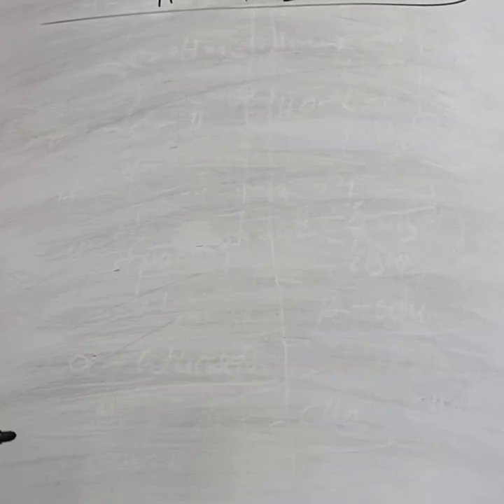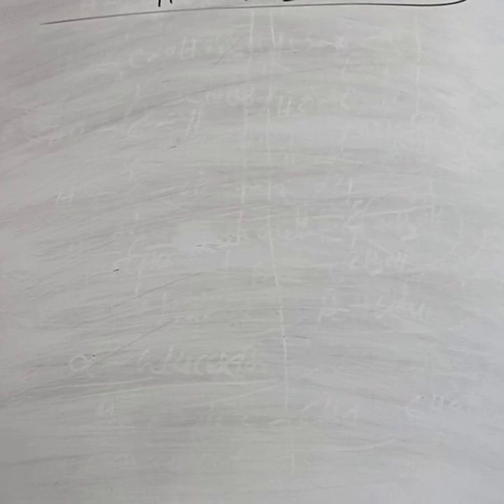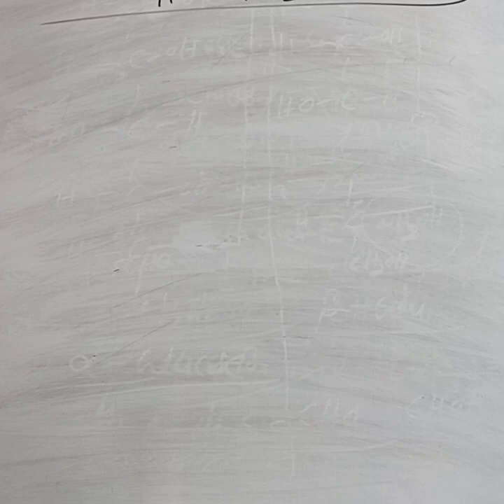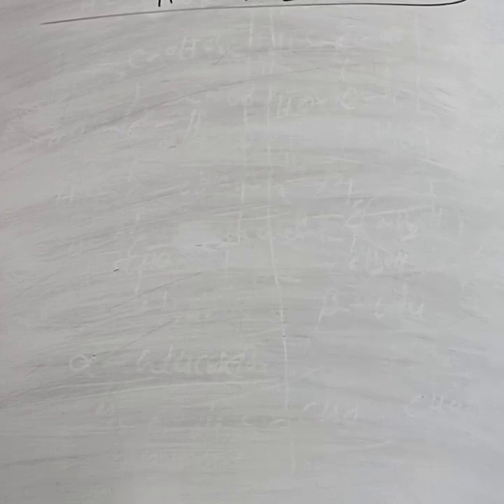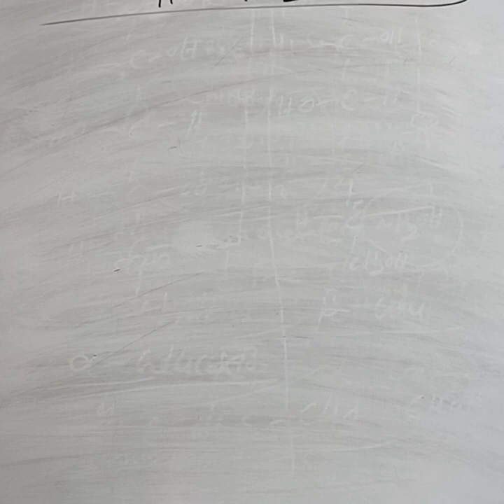Out of these six carbohydrates, they can ask any one for the 2 marks. All students have to be thorough with the Haworth structures. If you are familiar with the Haworth structure of glucose, you can easily write the others.